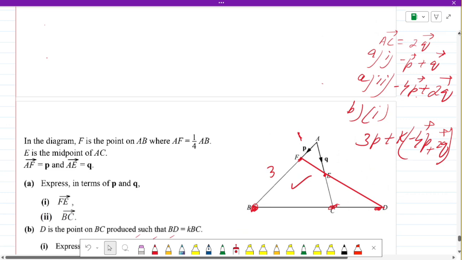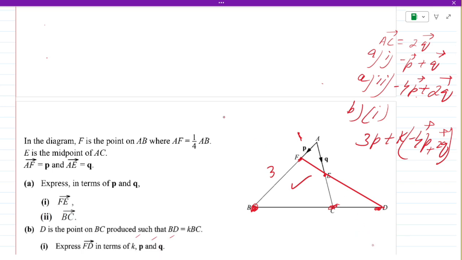Whenever 3 points are collinear, we can express them as FD is equal to lambda times FE. Yes, a scalar multiplication. The first segment is the scalar multiplication of the second segment.